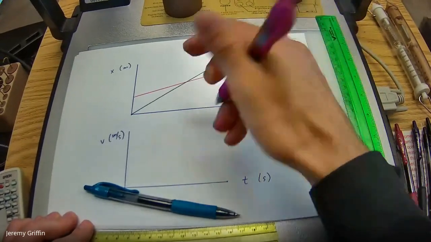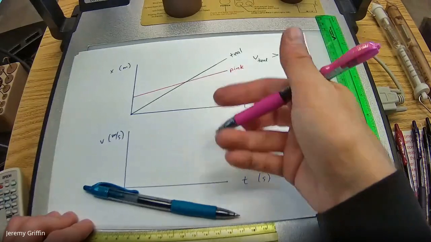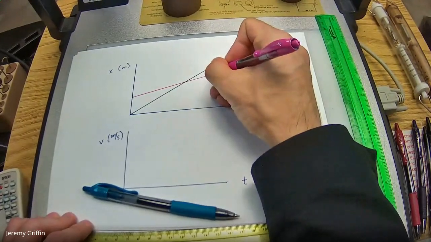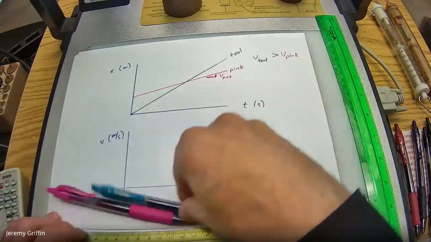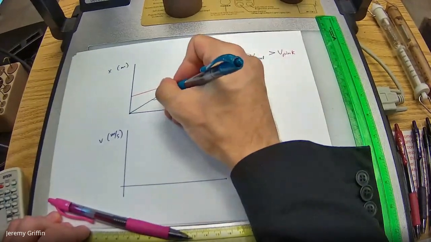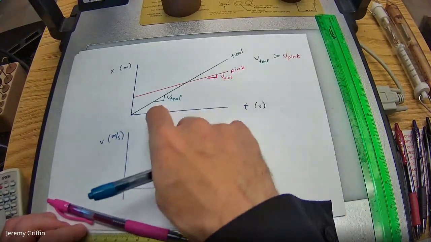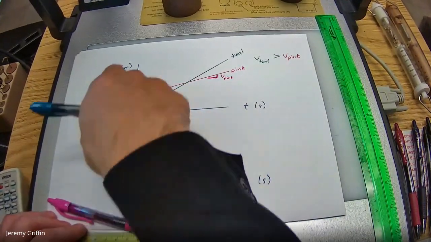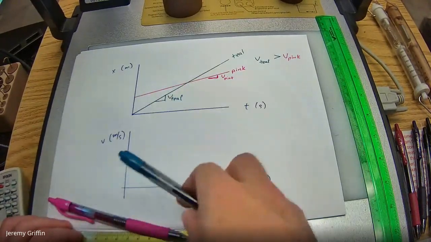What property of the graph told you that? The slope, right? Here's pink, here's teal. So greater slope, because the greater slope means you're acquiring more distance per an equal unit of time, right? Greater rise over run, like that.